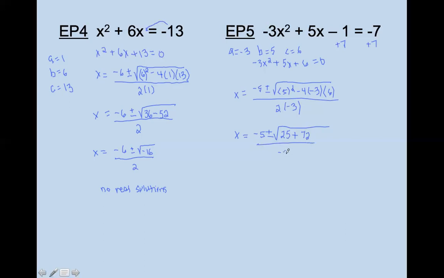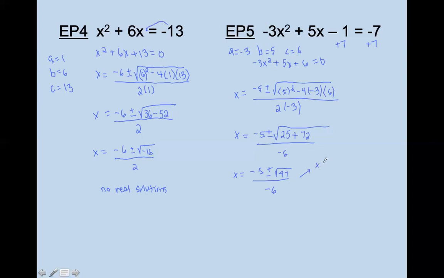All right, I keep going. I have x equals -5 plus or minus the square root of, and if I add 25 to 72, I get 97, all over -6. Now, 97 doesn't have a square root, but that's okay. Remember, we had some of these the other day with the square root assignment.